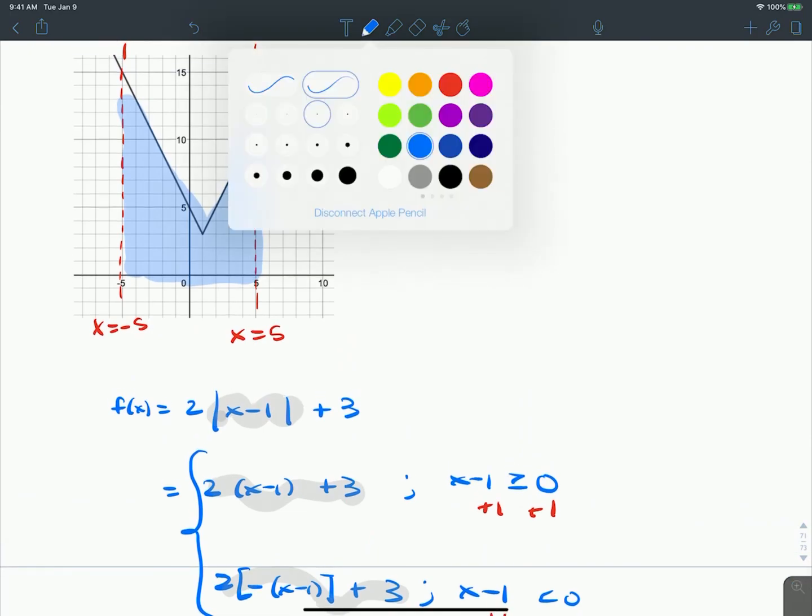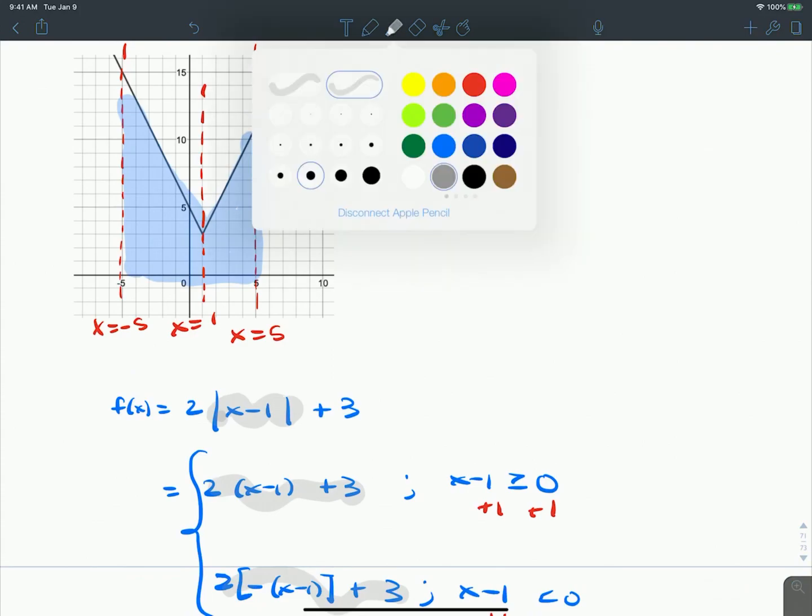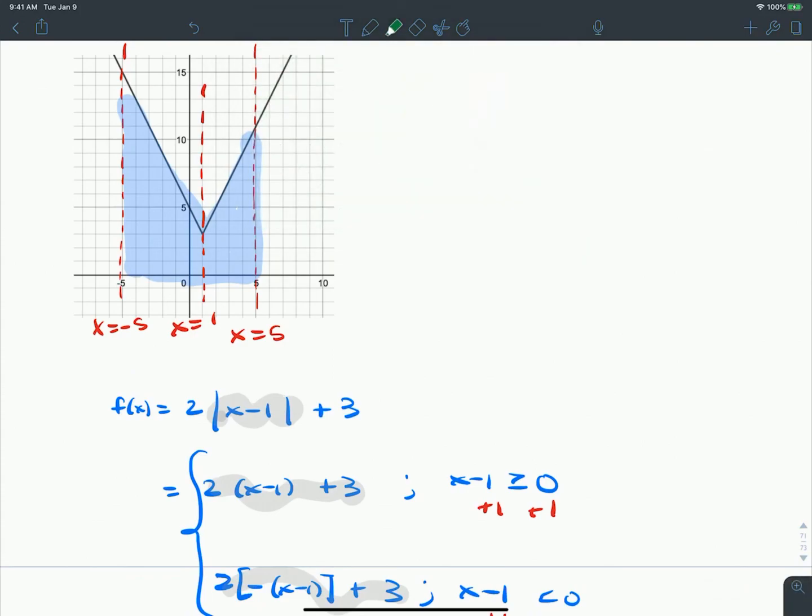So notice here, this is all about where x is 1 here. So let's look at the portion again. We'll say this is in green here. For the values of x that are less than 1, we use the left portion of the curve. For values of x that are greater than 1, we use the right portion of the curve.